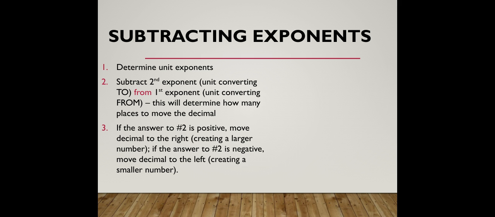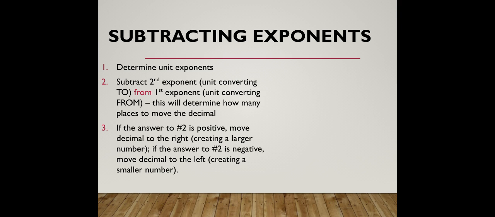The other way that you can do this, which is still a wonderful method, but is a little bit more advanced than what we do for most of our measurements, is to subtract the exponents. So instead of remembering your ladder, King Henry doesn't usually drink chocolate milk, you'll need to memorize the exponents from our table. So you're going to determine the exponents.